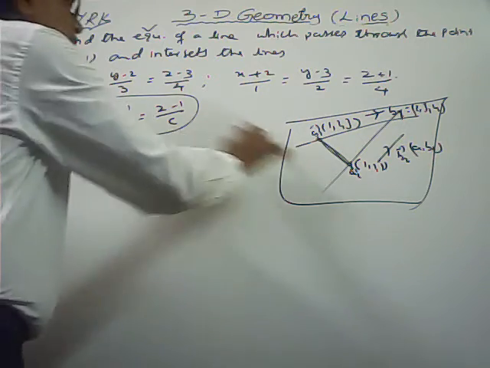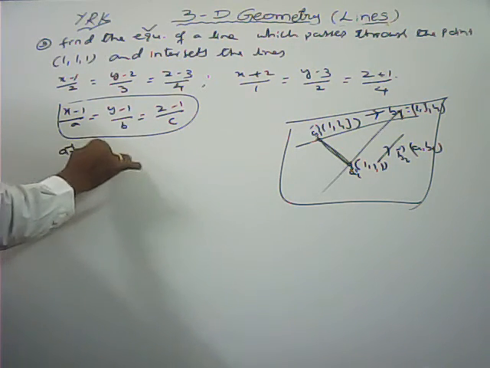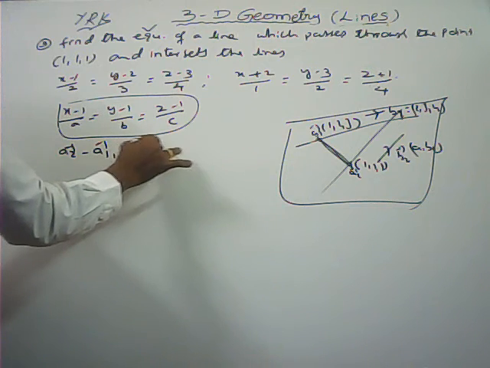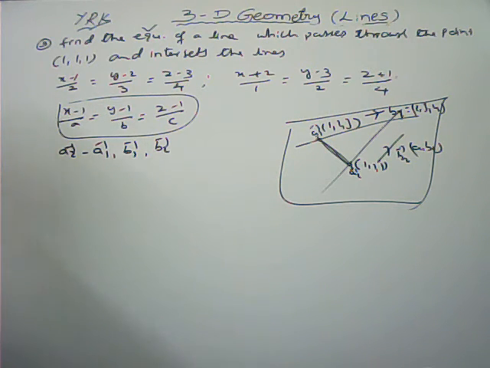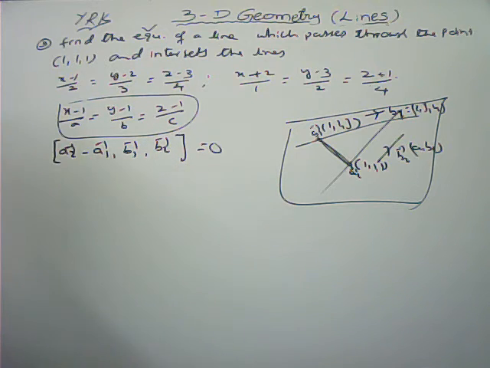So we have a2 bar minus a1 bar, b1 bar, b2 bar. The three vectors lie on the same plane, so we say coplanar vectors. If they are coplanar, its box product should be equal to 0. How to get the box product?